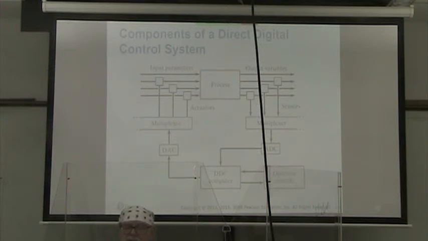We have an operator console and a direct digital control system. Those are communicating back and forth. Then it goes to a direct actuator control through a multiplexer, and actuators work on various input parameters.